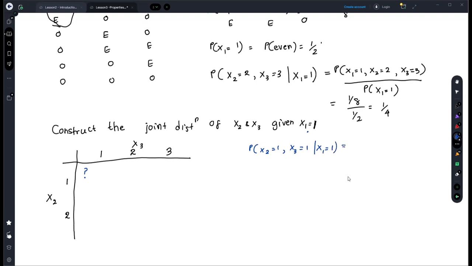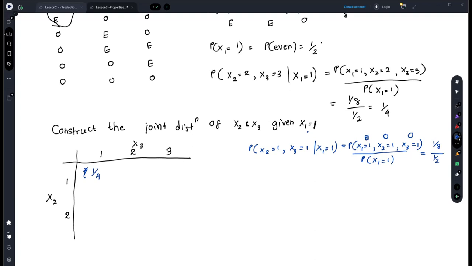Right, so this will be x1 equals 1, x2 equals 1, and x3 equals 1, divided by probability x1 equals 1, right? So what is this combination? x1 is even, no increment, so x2 will be odd, no increment, then that means this is also odd. So E or O, there's 1 out of 8. This 1 over 2. So it is 1 over 4.